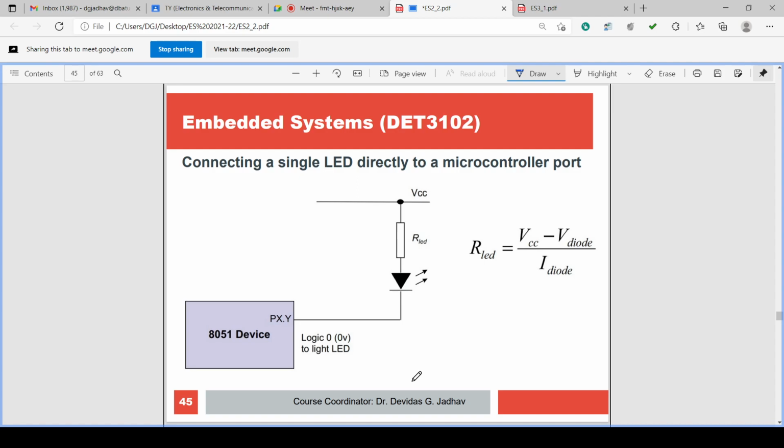And in designing the external circuits, suppose we are connecting an LED through some current limiting resistor, RLED. Then the value of the current limiting resistor has to be calculated.